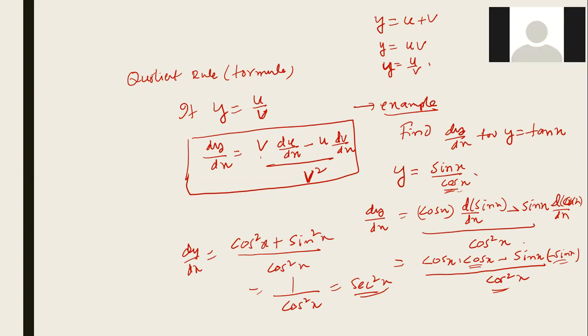Yes, sir. Now, what is that denominator thing you were talking about? I did not get you. Sir, in the derivative of sin x by dx, this whole thing is cos x. That was my doubt.